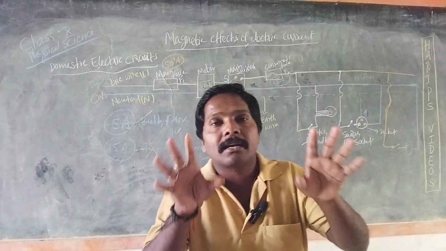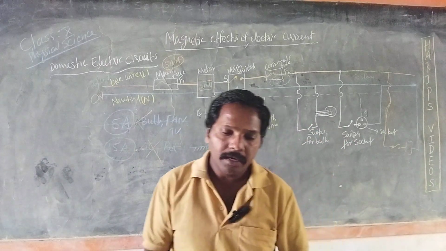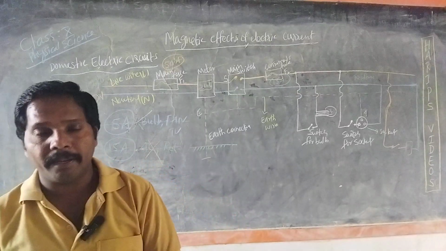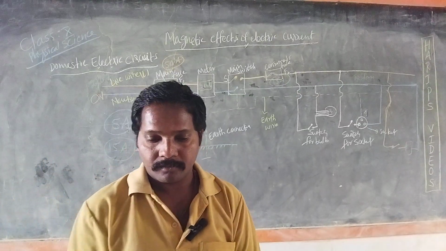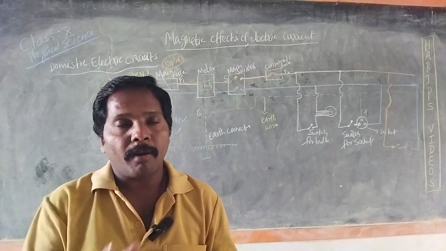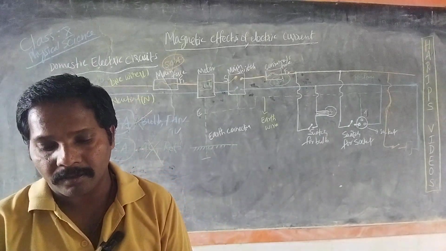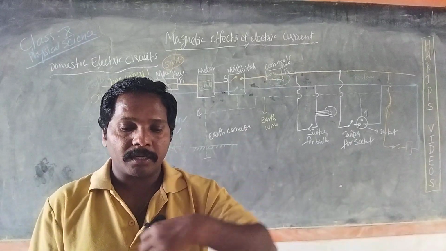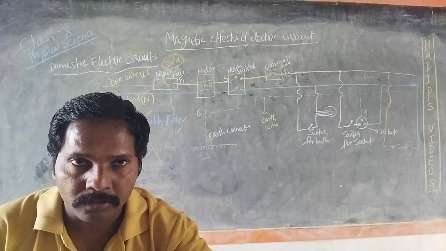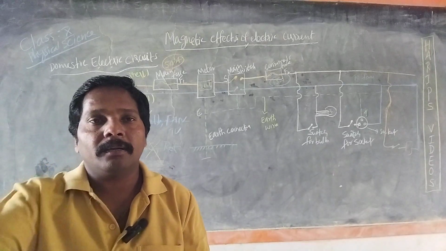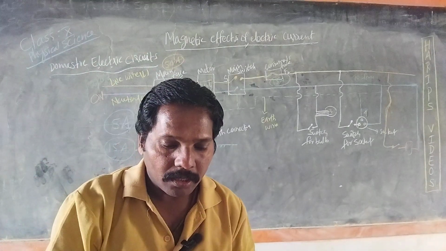To avoid the risk of electric shock, the metal body of the electrical appliance is earthed. Earthing means to connect the metal case of the electric appliance to the earth. So in these cases, that electric current is passed to the ground.